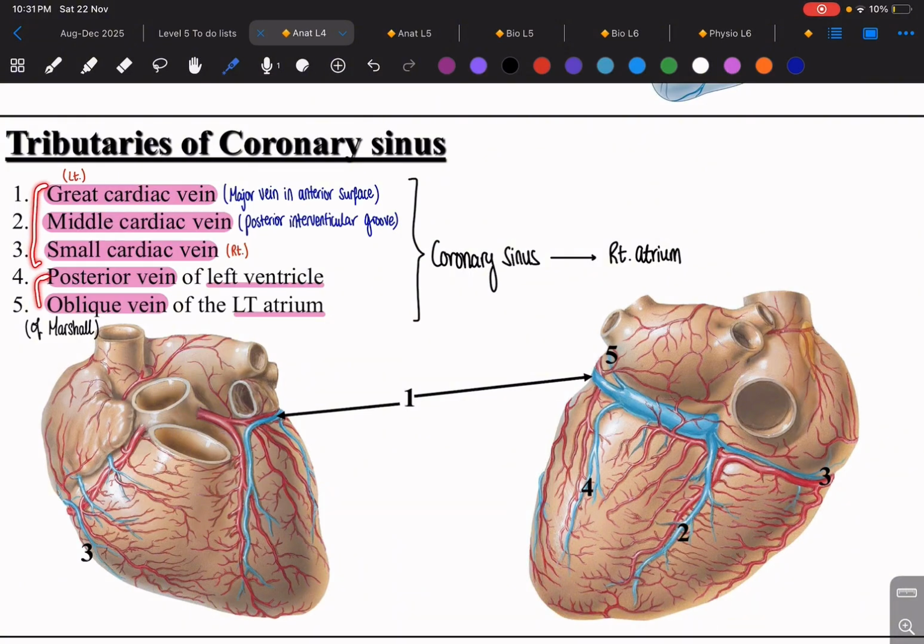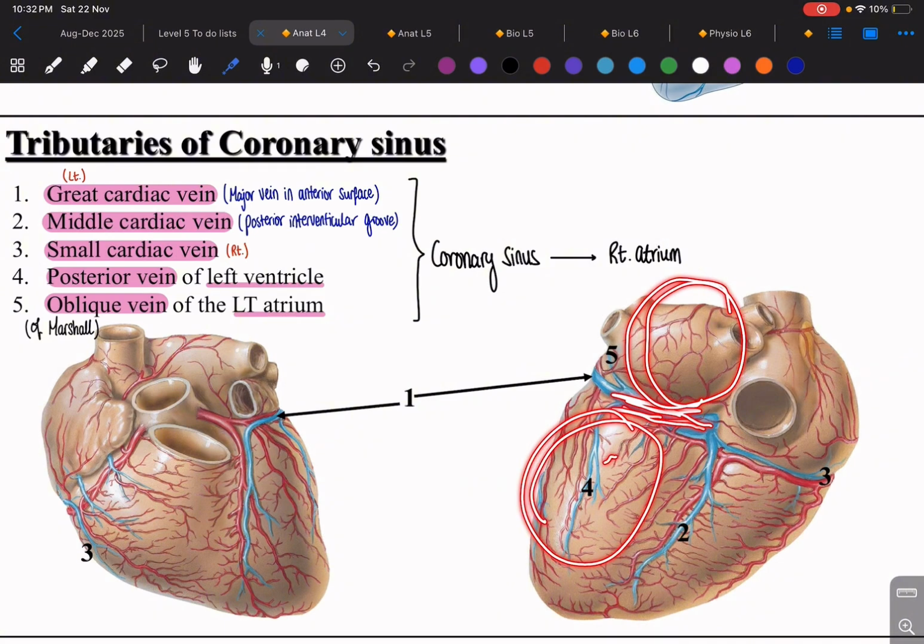Now the second two. The other two are the posterior vein of the left ventricle and the oblique vein of the left atrium. The coronary sinus, like all the structures we mentioned above, whenever we have a structure, we have to see where it passes, right? We said the coronary sinus is between the left atrium and the left ventricle, so it's definitely going to receive veins that come from these two structures.